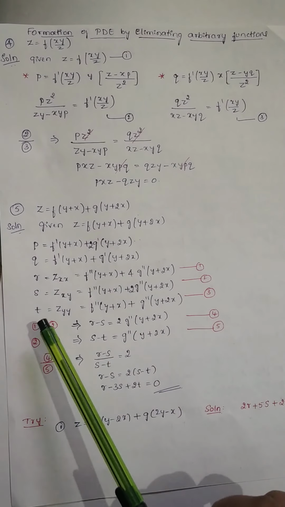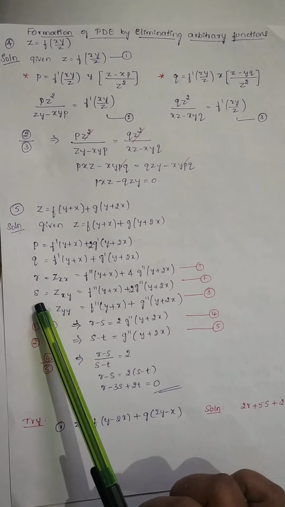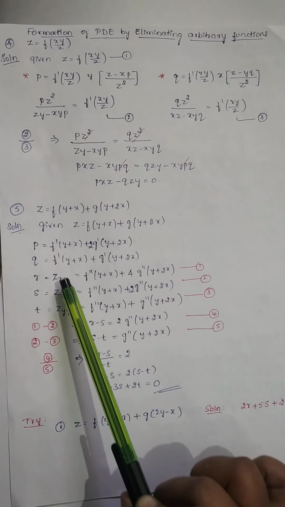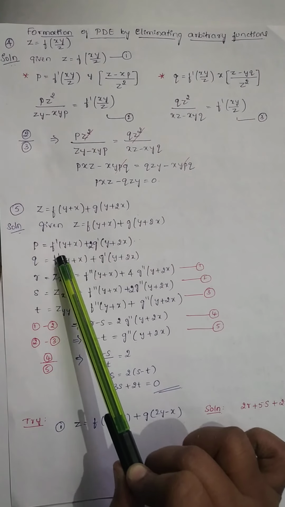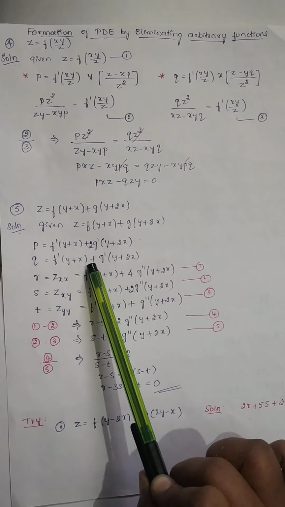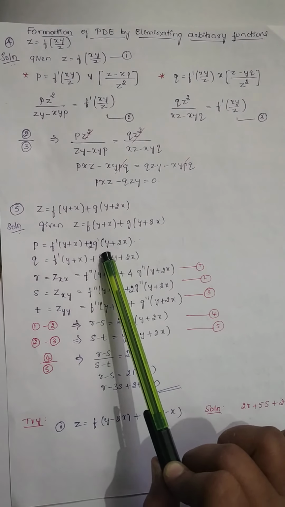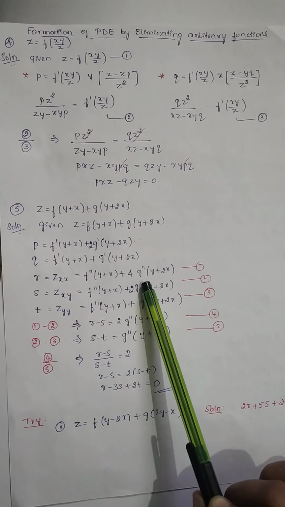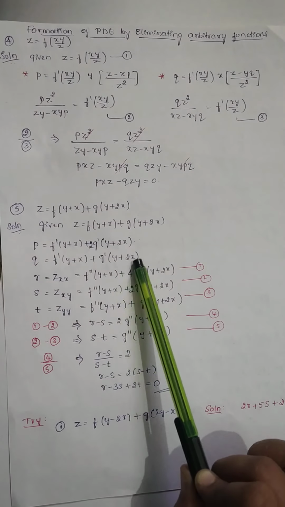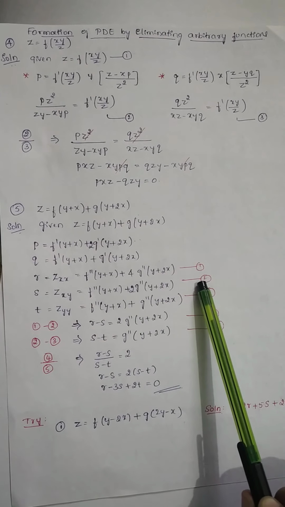And then in s you will write s in the sense differentiation of q with respect to x. So this differentiation of f dash of y plus x will be f double dash of y plus x plus differentiation of g dash will be g double dash, and with respect to x you are differentiating q, so differentiation of 2x will be 2, calling it as equation 2.